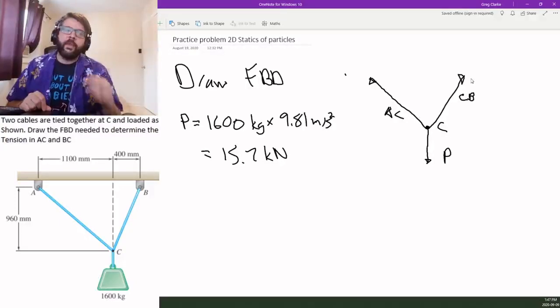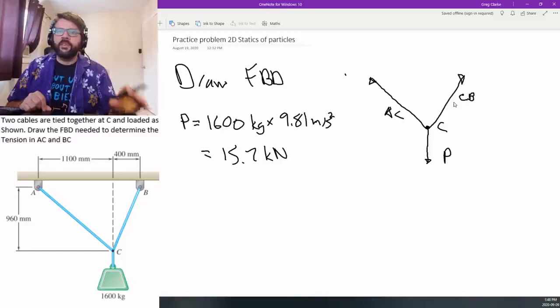But we know that the magnitudes of those aren't the same, because if they were the same, then we wouldn't be in equilibrium here, because this section AC goes off further in the horizontal than CB does.